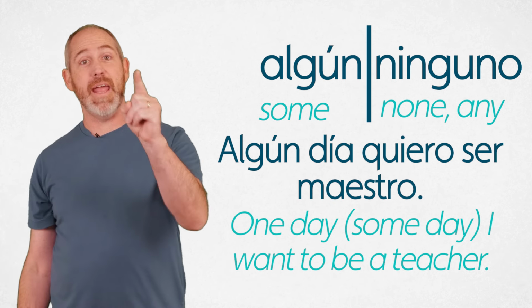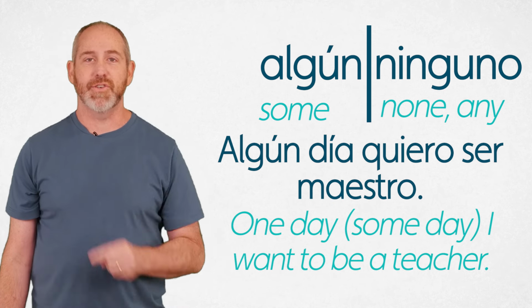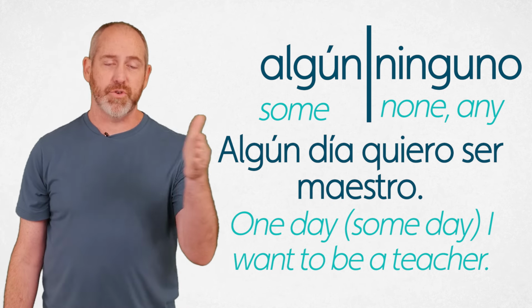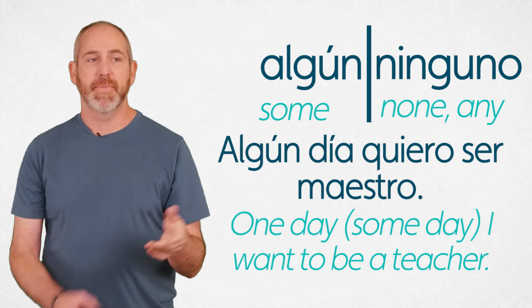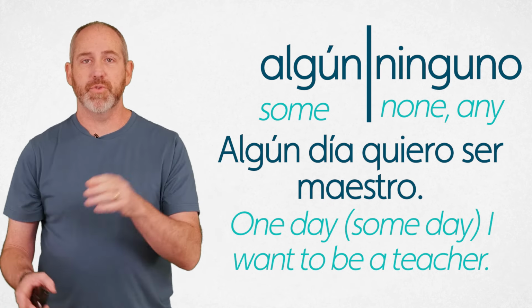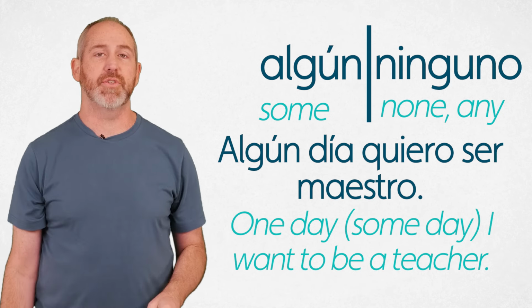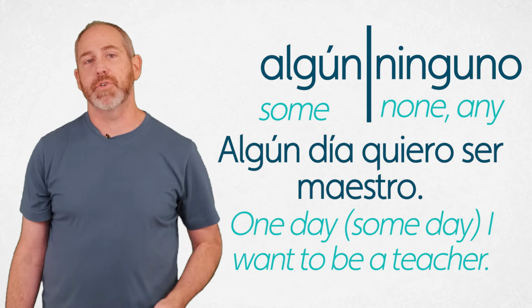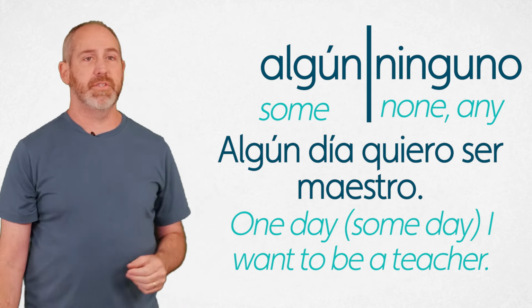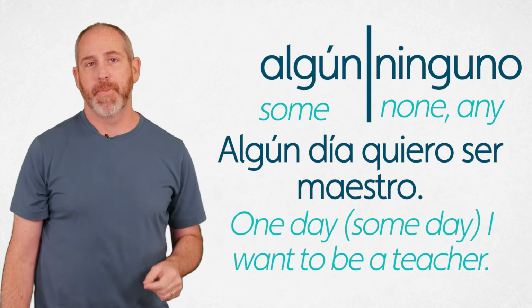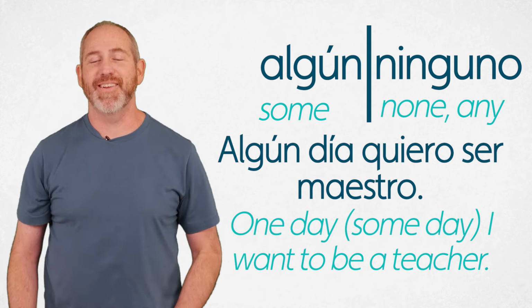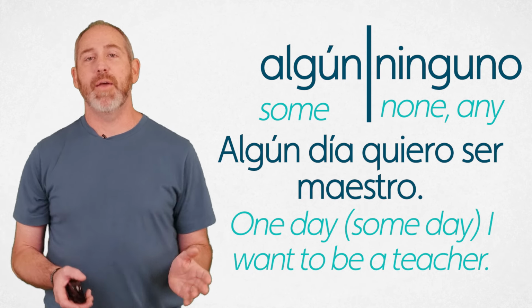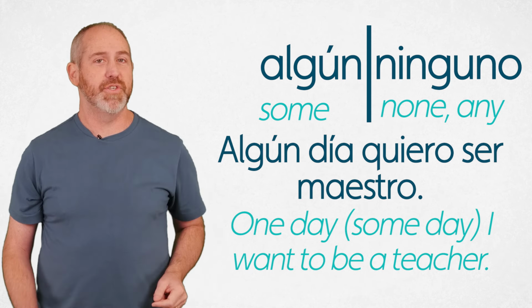One day, someday, I want to be a teacher. Remember, we didn't say a teacher, un maestro, because we don't put those determiners. We don't say a before occupation. We just say, I want to be teacher. So, algún día quiero ser maestro, okay? So that's an example how we would drop that O, put that accent on there, and just say algún. All right, we'll do the same thing with ningún in just a minute.